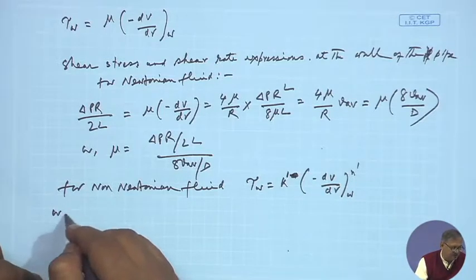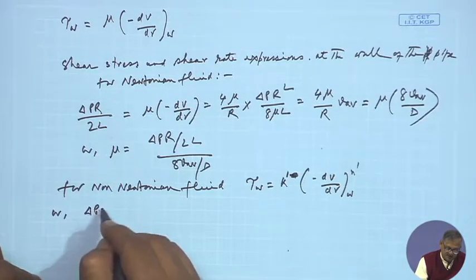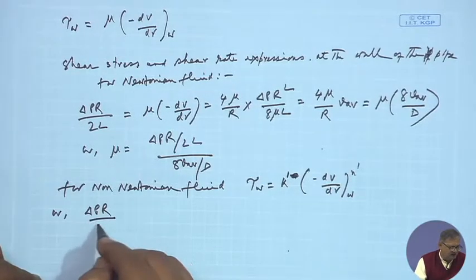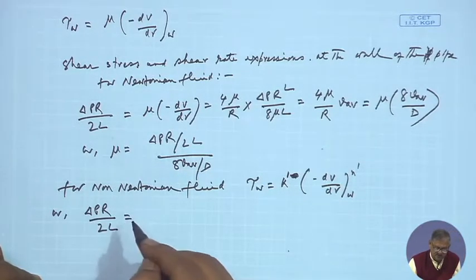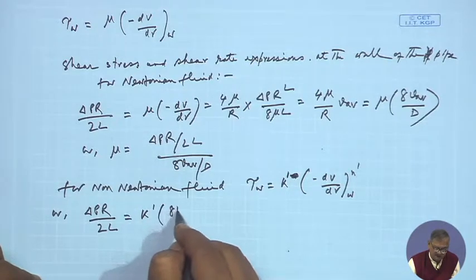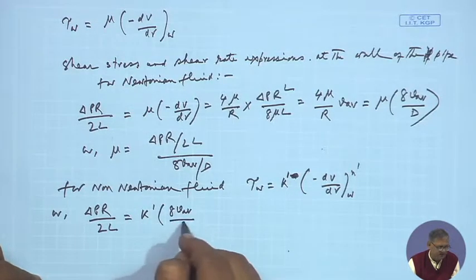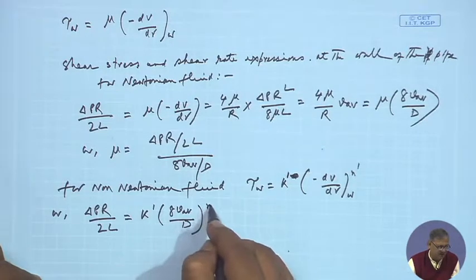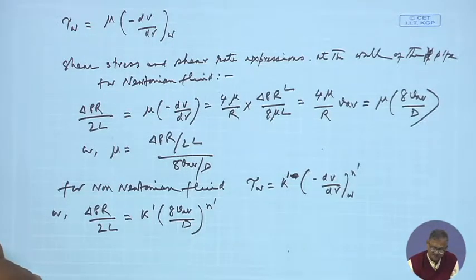And also we have seen that delta P R by 2 L was equal to K prime 8 V average over D to the power n prime, right.